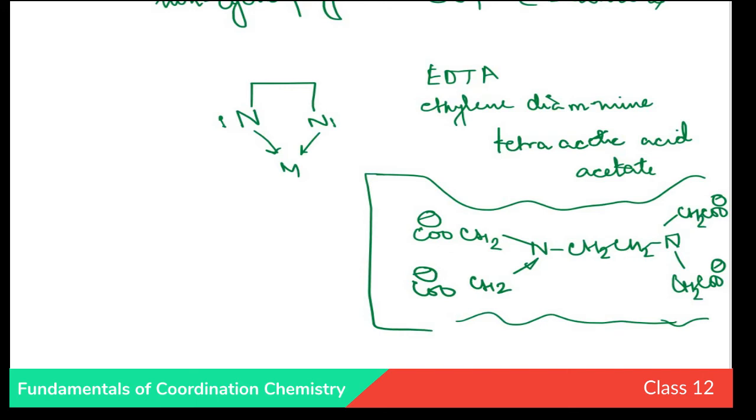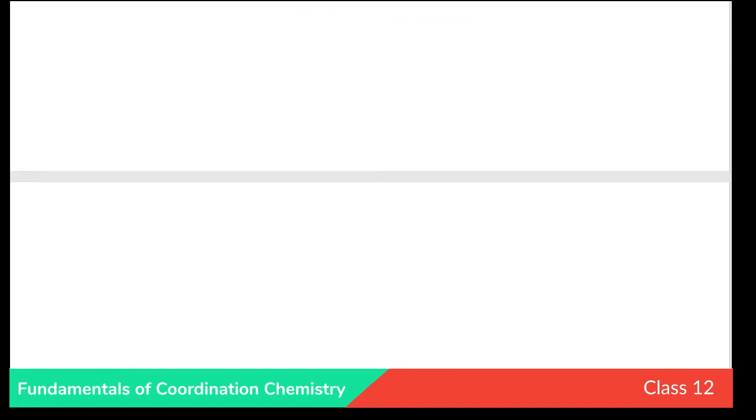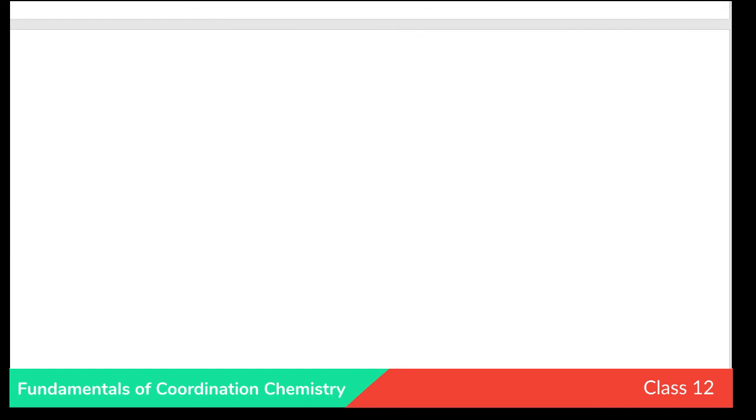We will know more in detail when we learn about the nomenclature of coordination compounds, right? Okay, so where did we begin? How do we draw a coordination compound, right? So, for a coordination compound, we need a metal, a ligand, and we need to know the primary valency of the metal, which is the oxidation state of the metal.